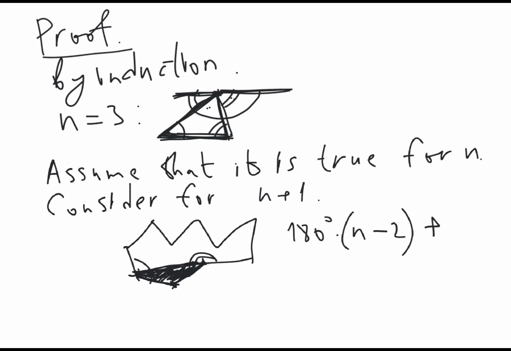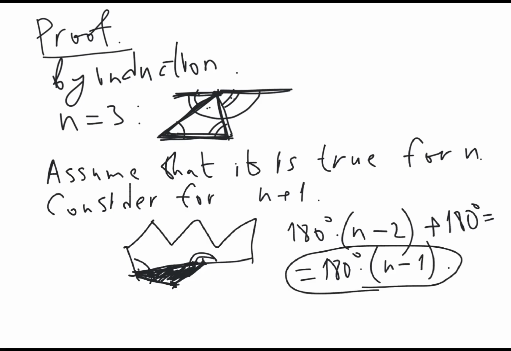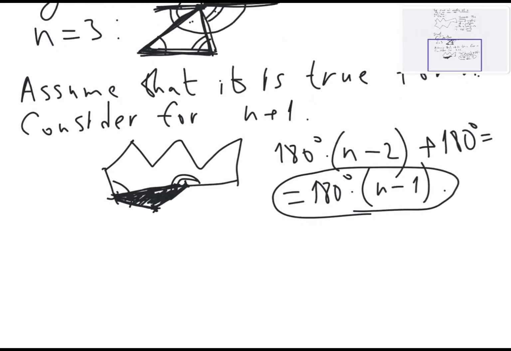For any triangle it's 180 degrees. Therefore, in total, we have 180 degrees multiplied by n minus 1, which is exactly what we need for n plus 1. So this proves the step of induction for the case of a convex angle.